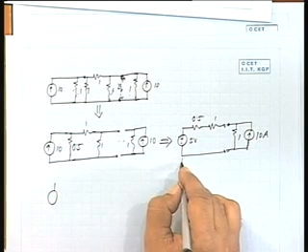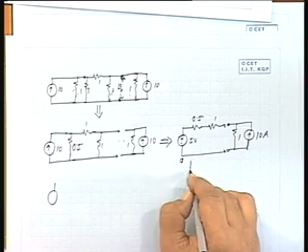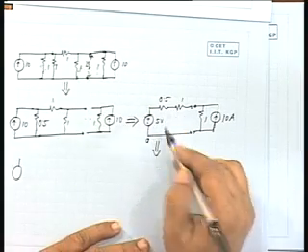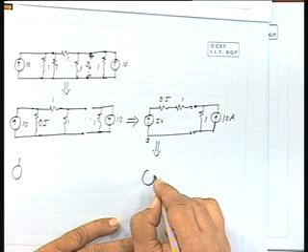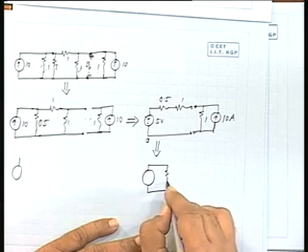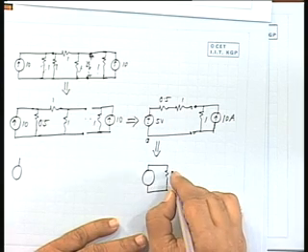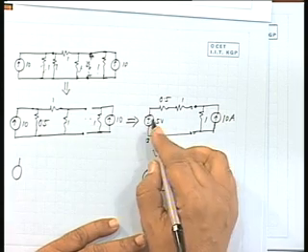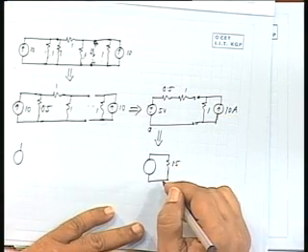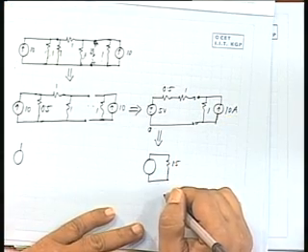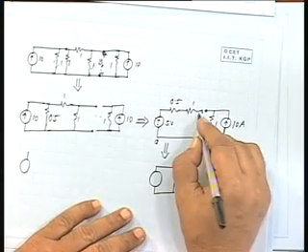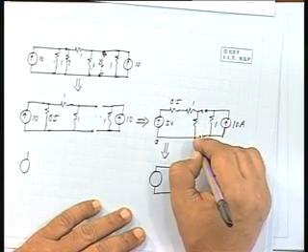So, from here, I will draw in this side from 5 volts and 1.5 ohm, a resistance of 1.5, 5 by 1.5, yes. So, there is a 1 ohm resistance in the parallel branch. That means, sir, in the current source 10. Yes, yes.